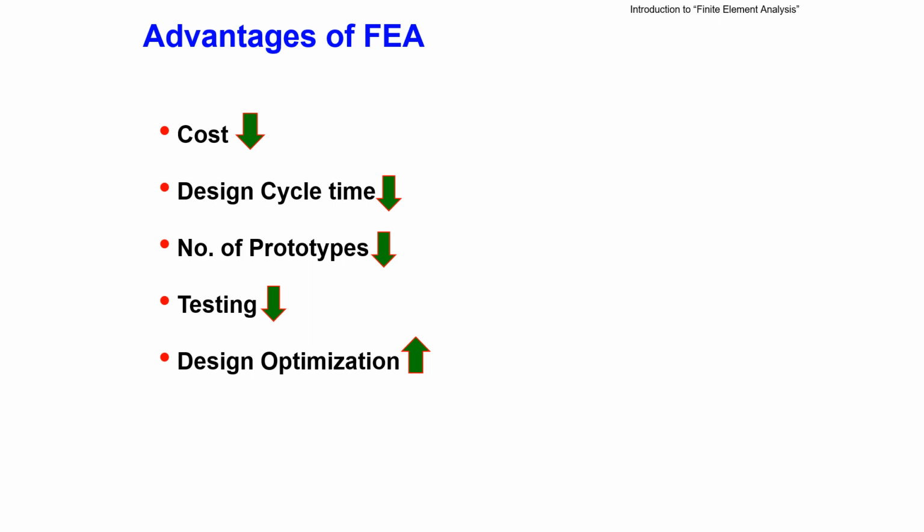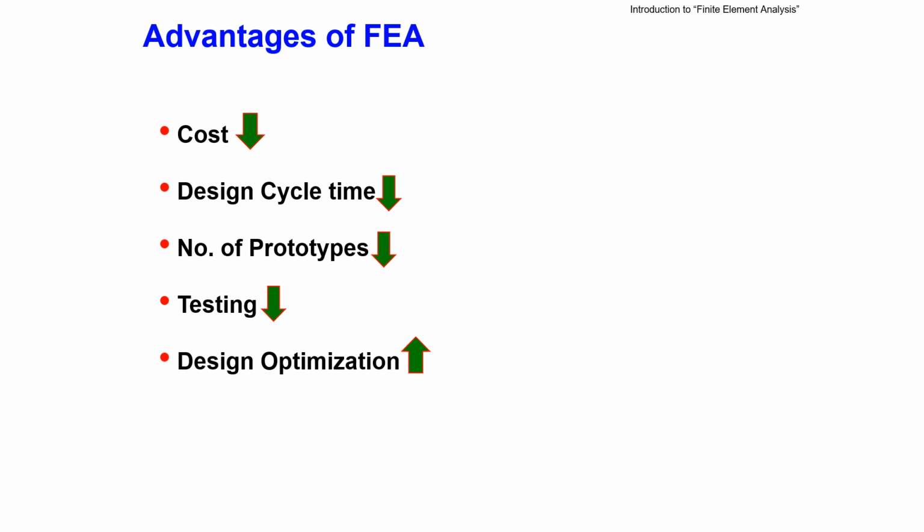And what are the advantages? Advantages: cost is less. Why is cost less? Because compared to other types of analysis like experimental or analytic, cost is less. Then design cycle time is less. Number of prototypes used is less.